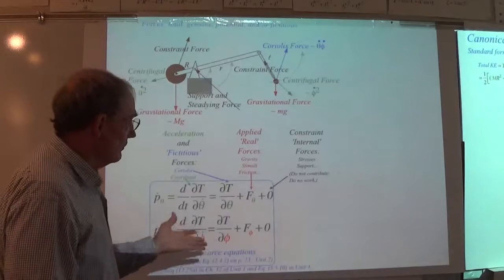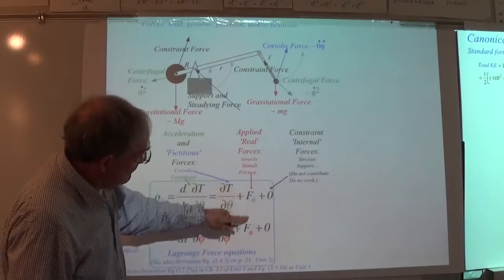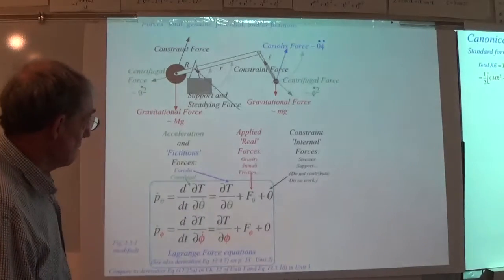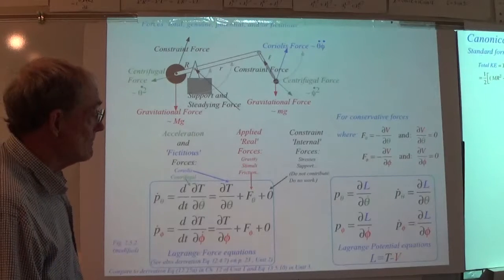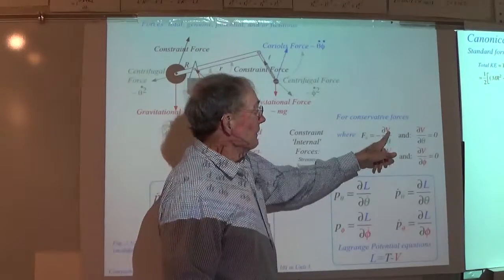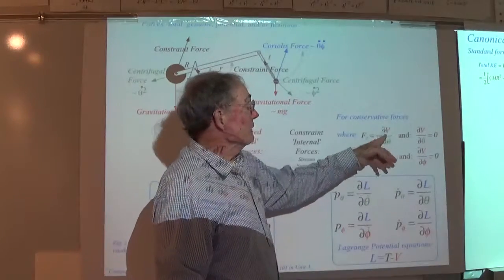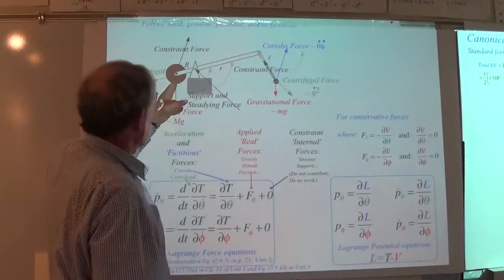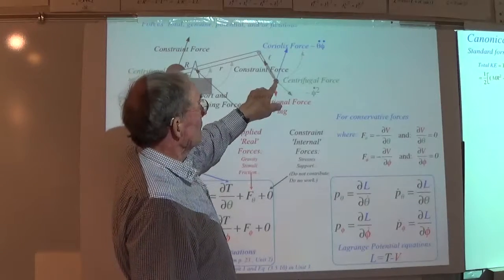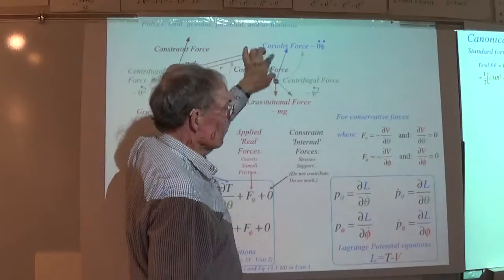These are the Lagrange force equations again. Here, we haven't put the potential on. We need to do that because this is a conservative force, this gravity, on each of the masses. Okay. Now, if I can write each of these as a partial derivative of a potential, and I can, it's just big M g times that one's vertical location, and little m g times that one's vertical position.